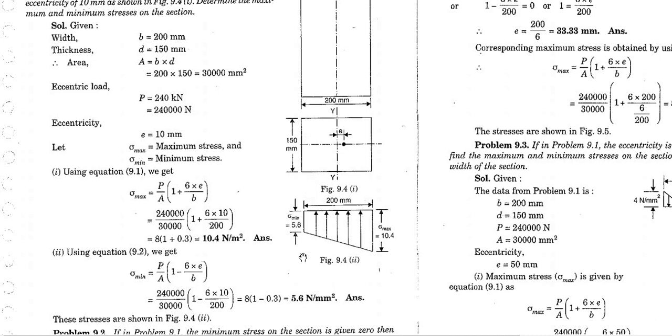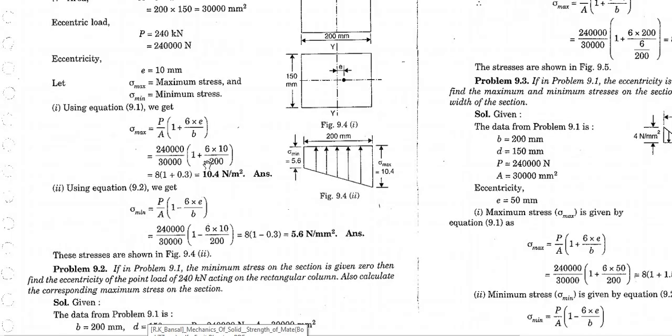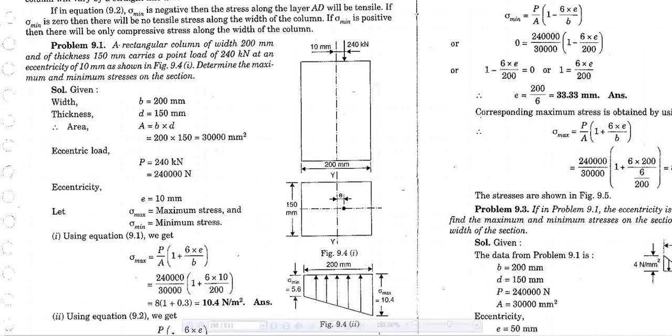So as an extension of this problem, another problem approach has been given. What if we consider this side of the column, or say as an engineer I am asking you to make that part of the column zero stress, minimum stress to be zero, and I want this side of the column to be taken as the maximum stress.